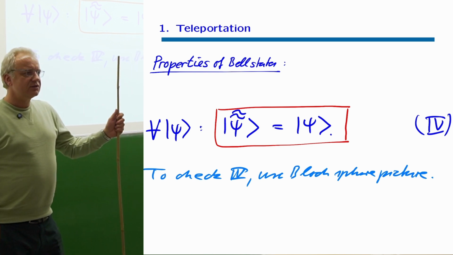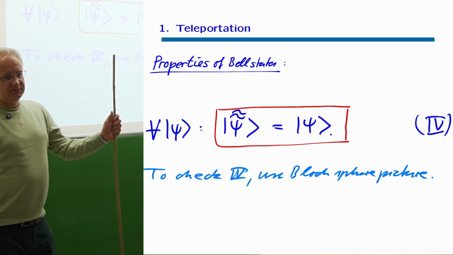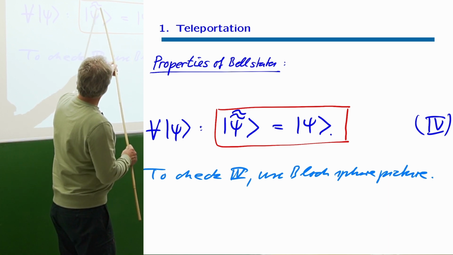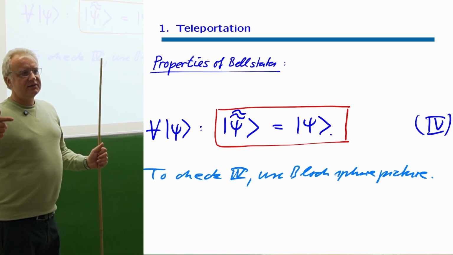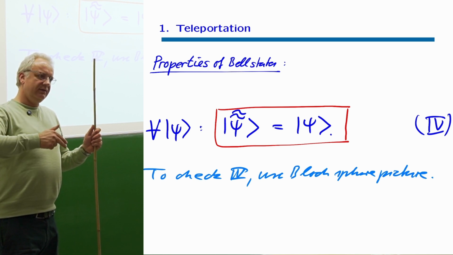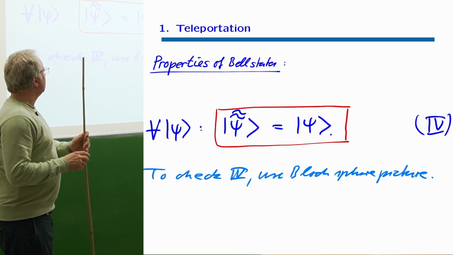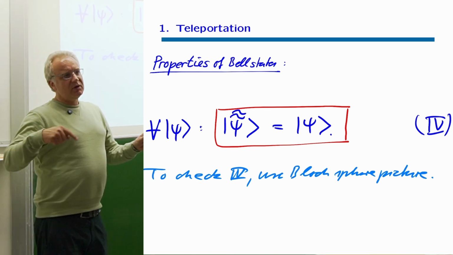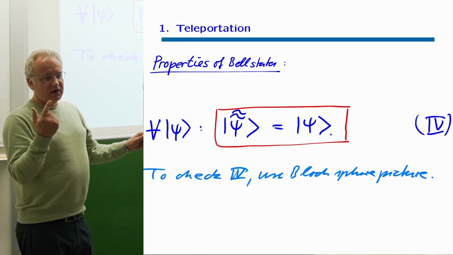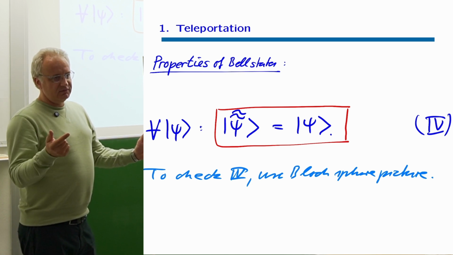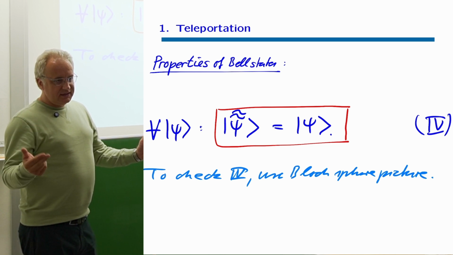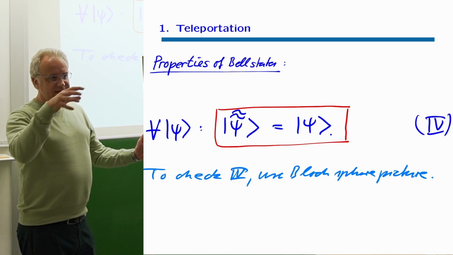So the easiest way to see it is to use the Bloch sphere picture. What the tilde does is take all the expectation values of x, y, z into their negatives. That's the first thing that happens. Then applying sigma y is a 180-degree rotation about the y-axis. So the expectation value of y remains the same, and x and z, those expectation values are flipped again.